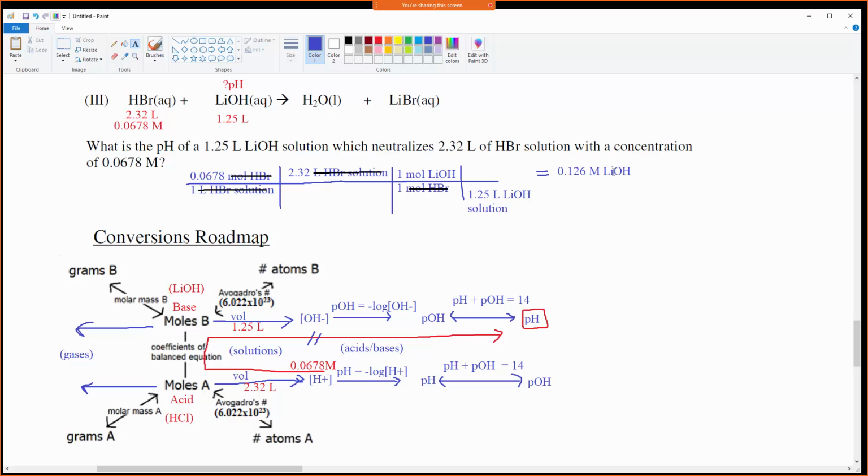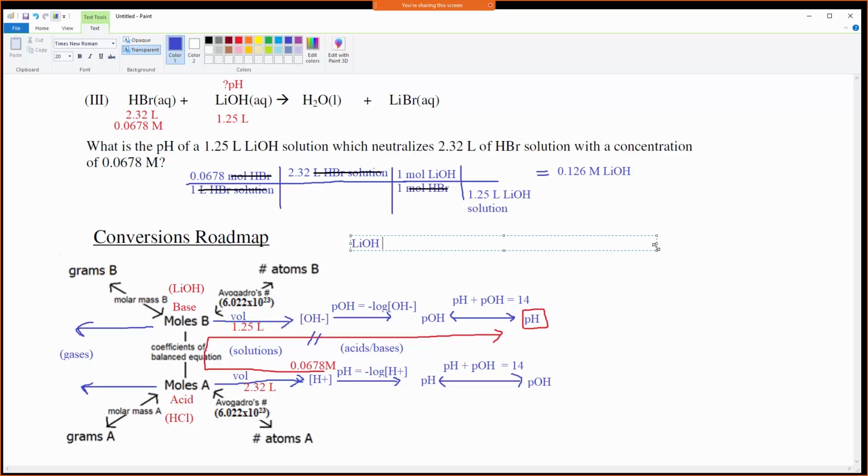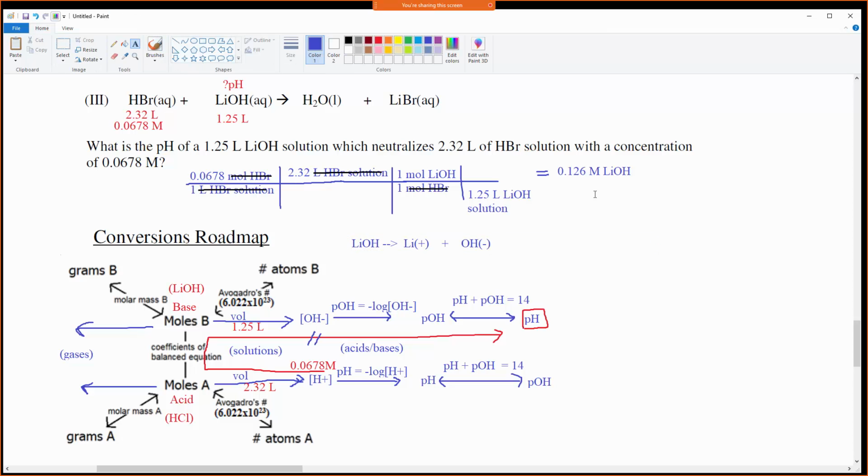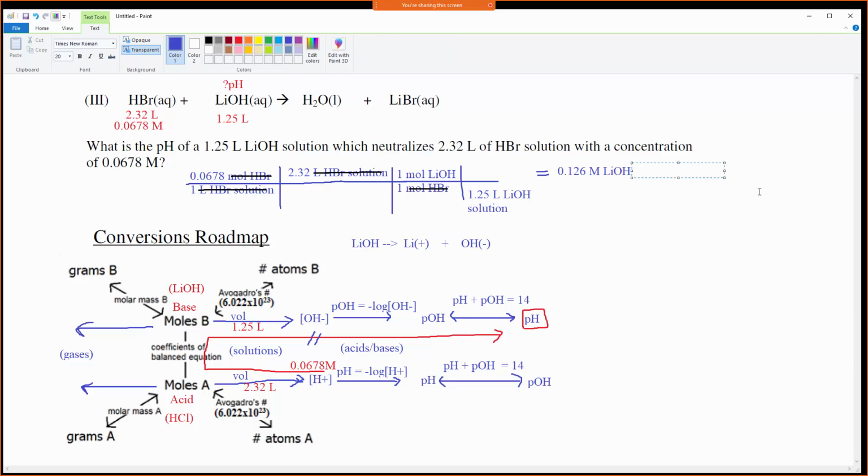Now, I'm going to do this next part in my head, but if you want, you can always write it out and say, okay, LiOH dissociates to form Li and OH. Just verify that it's a 1-to-1 there. Basically I'm going to take that extra step and say that's the same as 0.126 molar hydroxide.